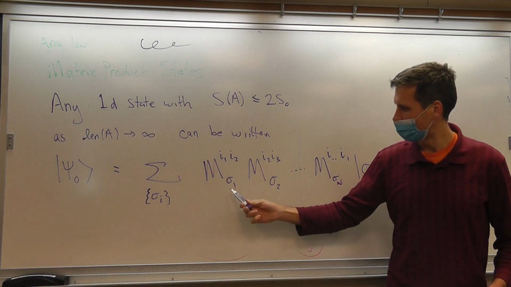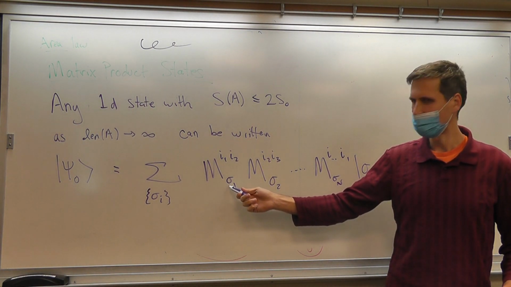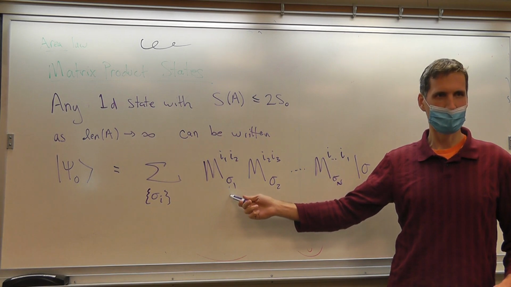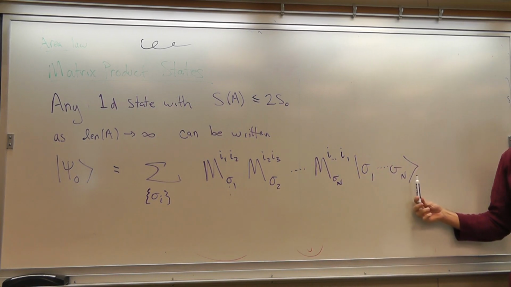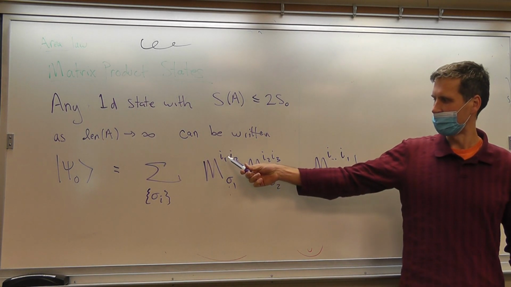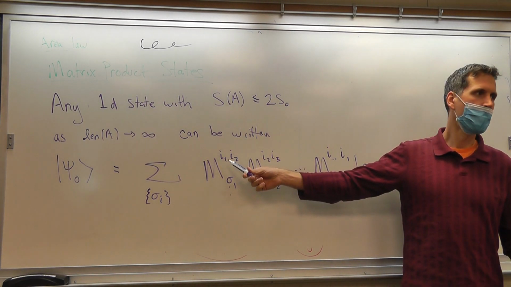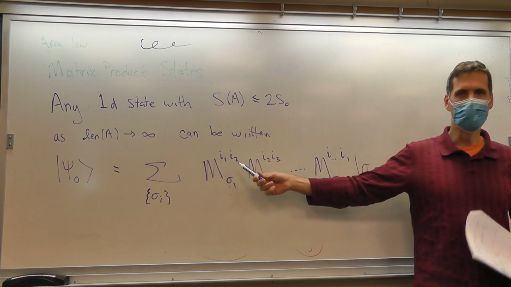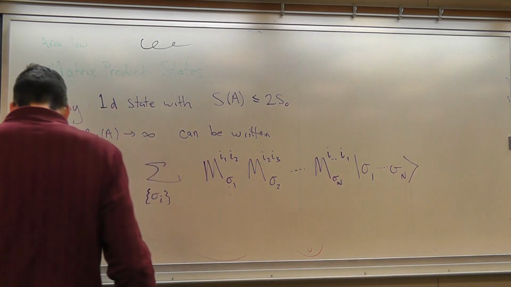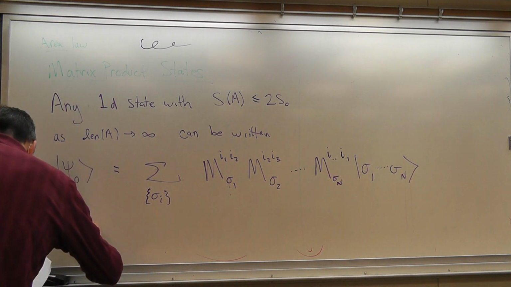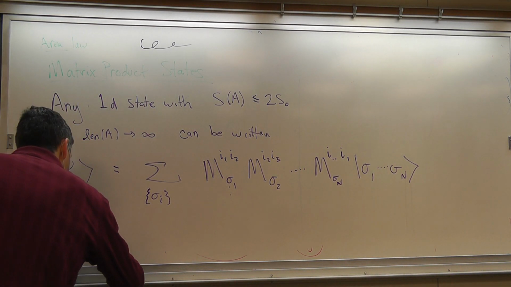There's a physical index, which corresponds to the Hilbert space of the spins, one for each spin. And then there's an auxiliary index, which is just an auxiliary thing that we introduced. Sorry, I didn't finish writing the statement here.